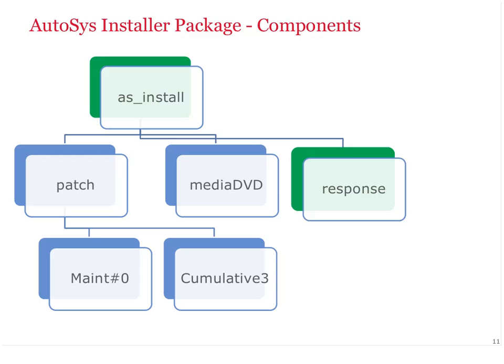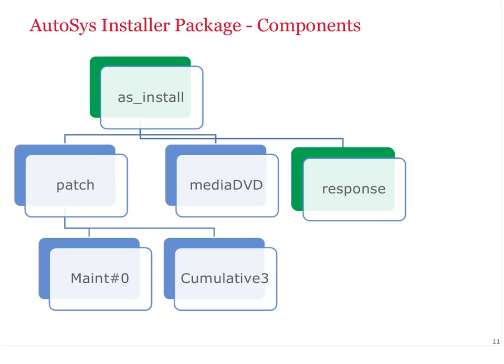But the key thing about this package is we don't change anything the vendor's doing. So we take exactly the media DVD that's given to us, for example, 11.3 SP1. That whole CD-ROM goes into the folder.